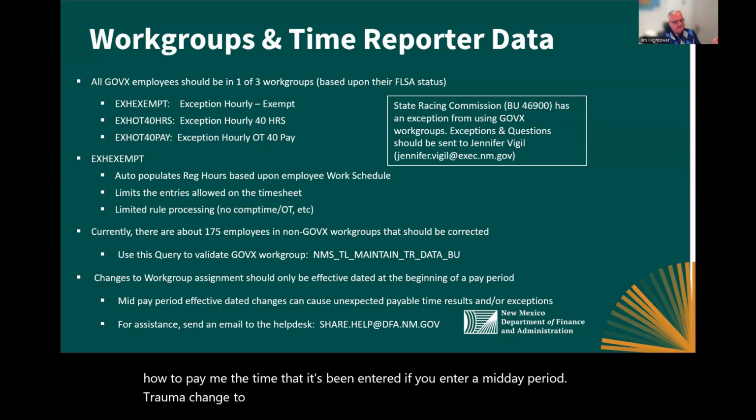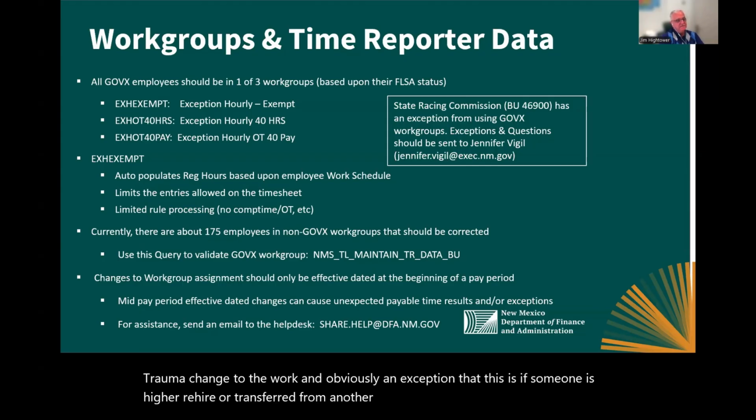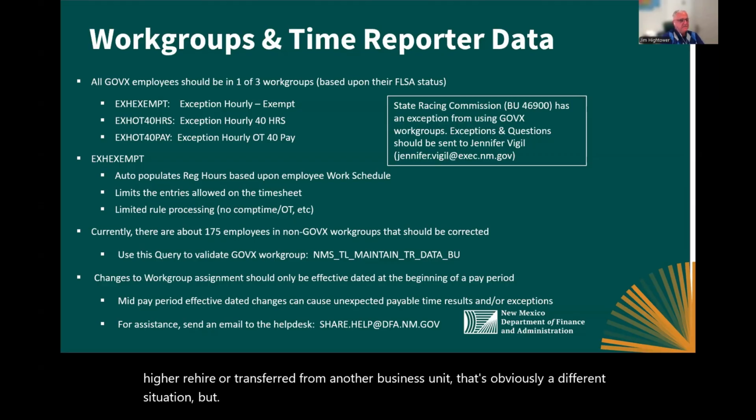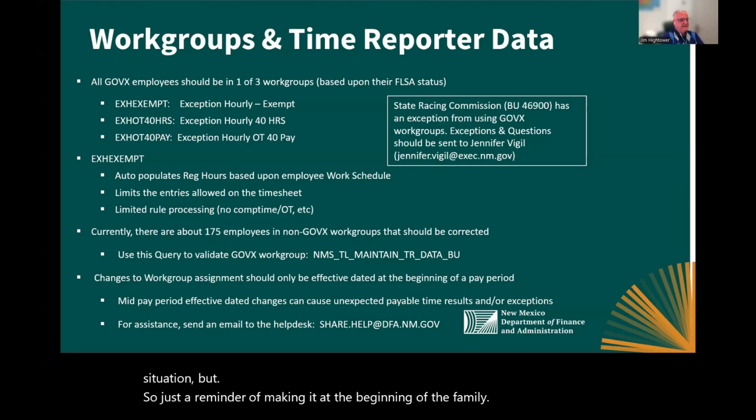Now, obviously, an exception to this is if someone is hired, rehired, or transferred from another business unit. That's obviously a different situation. But just a reminder, make it at the beginning of a pay period if you can. And that's all I have.